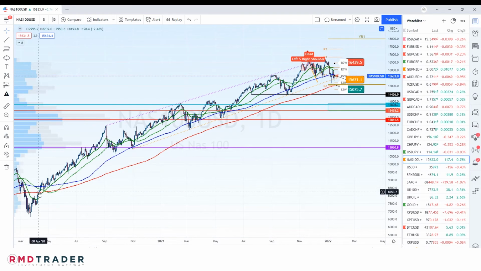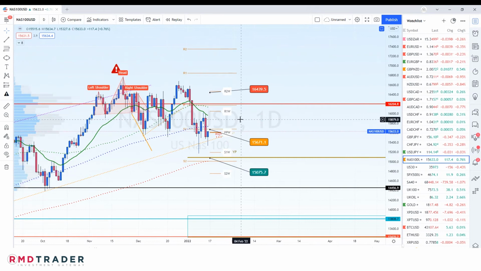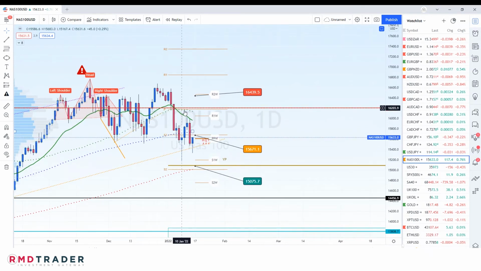I think the last time it was tested is over here in March, April of 2020. So for this week, what we need to keep an eye on, again, is this 21 daily EMA. We can see we once rejected it. Good chance that we move back into it and then reject both the 21 as well as the 100 daily SMAs and that monthly S1.